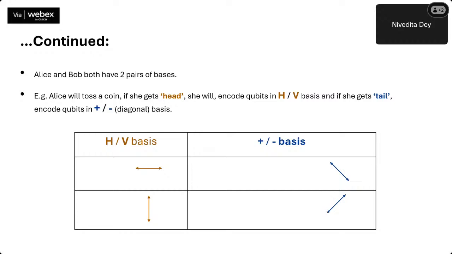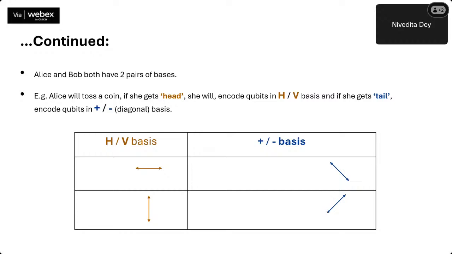It is just a convention. You can choose a different convention, for head the plus-minus basis and for tail the horizontal-vertical basis, but whatever you choose has to be uniform throughout your computation. Okay, and if she gets a tail, she will encode qubits in the plus-minus or diagonal basis.